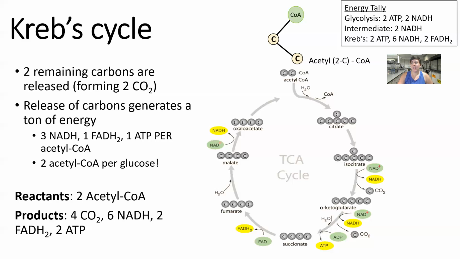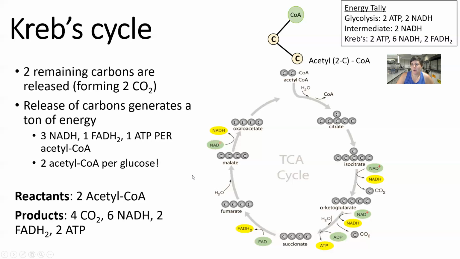Okay, that is a lot of stuff going on. So your reactants here are 2 acetyl coenzyme A. That's it. And your products are 4 carbon dioxide, 6 NADH, 2 FADH2, and 2 ATP via substrate level phosphorylation.